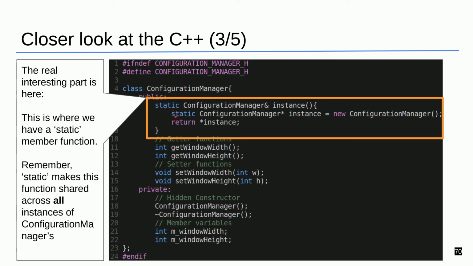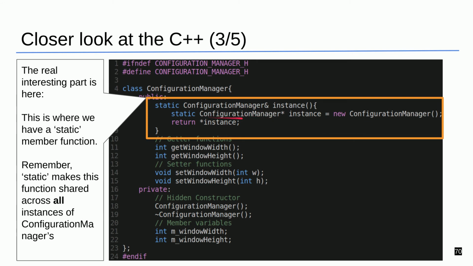Now, the next line here, static, another use of it, makes this local variable that we create, and because it's part of a static function that's available to all instances of a ConfigurationManager, this ConfigurationManager is always going to be the same for all of our configuration managers every time we call the instance function. Static makes this variable shared across all instances. So if I create 1,000 configuration managers, this variable here will be the same for all of them.